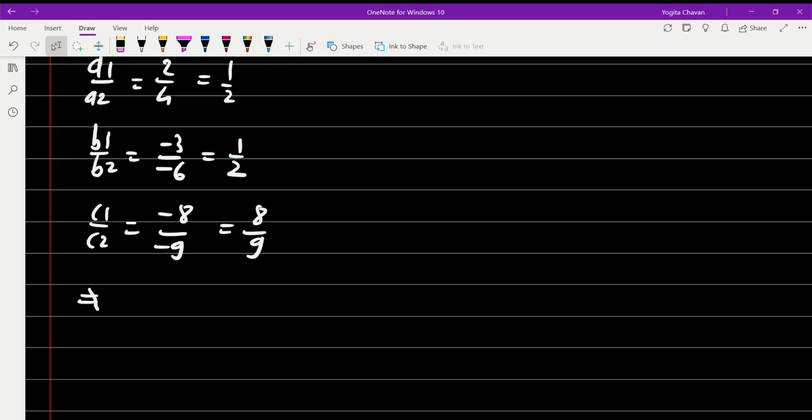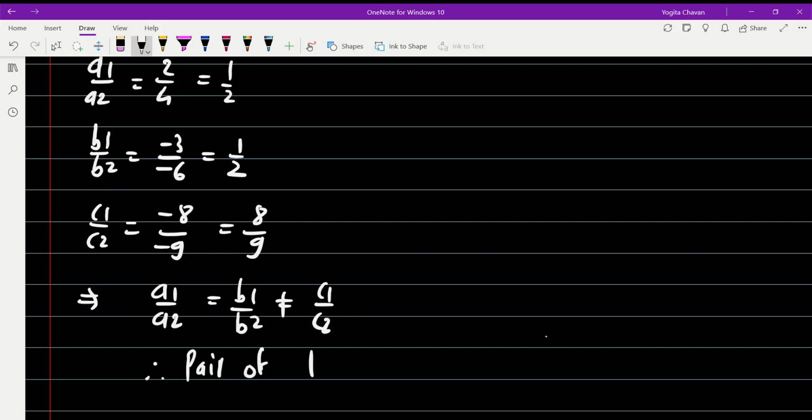So this implies a1 upon a2 is equal to b1 upon b2 and is not equal to c1 upon c2. Okay, and therefore pair of linear equations are inconsistent.